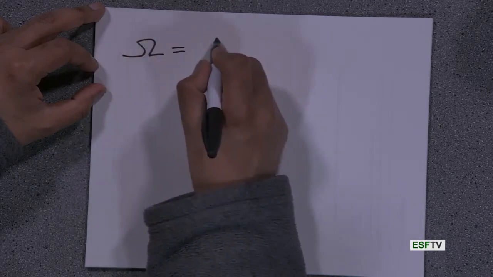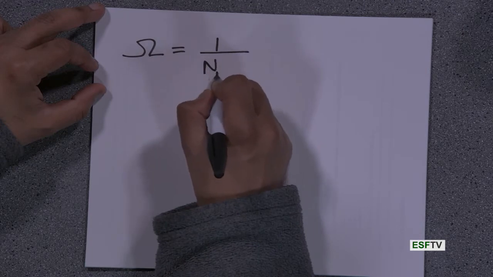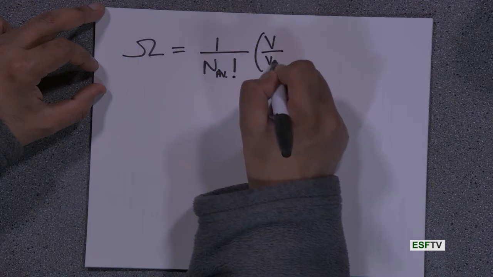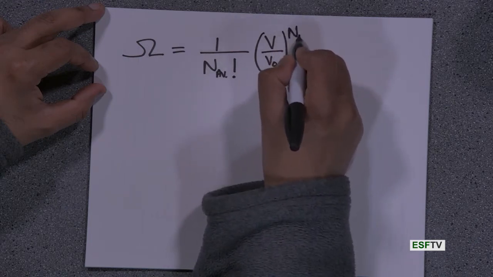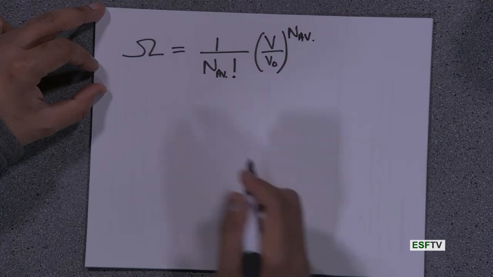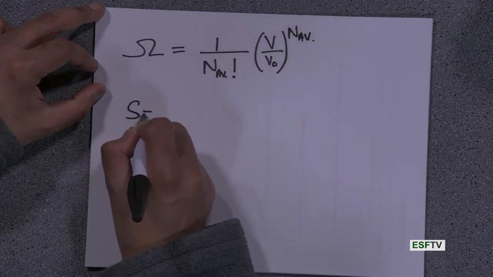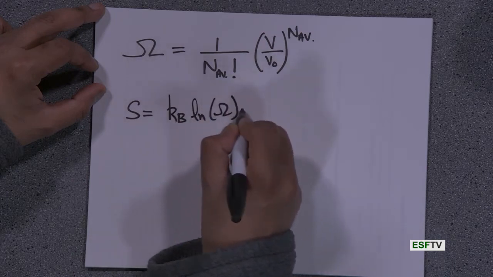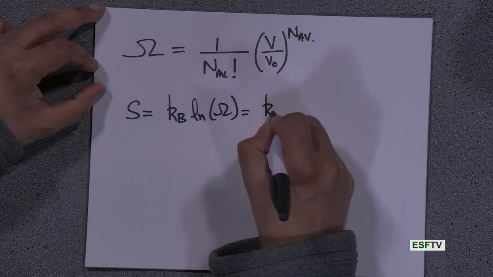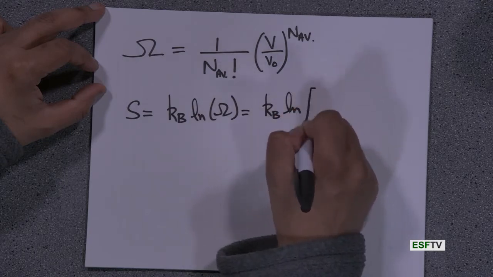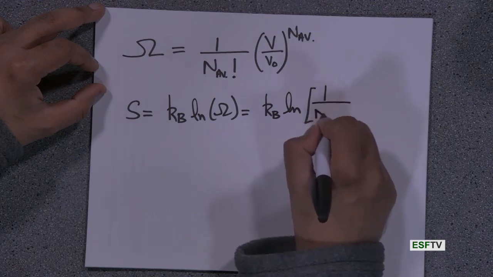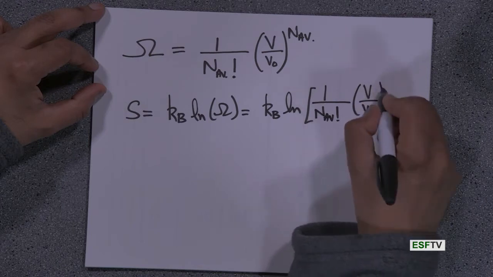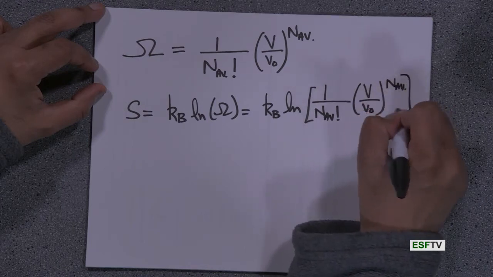Omega then becomes 1 divided by the factorial of Avogadro's number, multiplying V divided by V0 to the power of Avogadro's number. So the entropy, Boltzmann's constant multiplying the natural logarithm of omega, becomes Boltzmann's constant multiplying the natural logarithm of 1 over the factorial of Avogadro's number, V divided by V0, raised to the power of Avogadro's number.